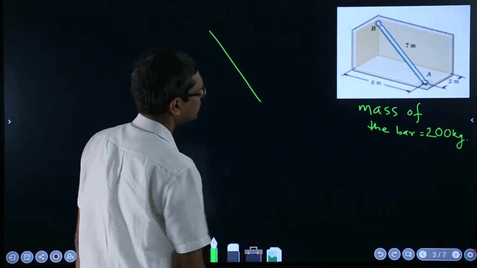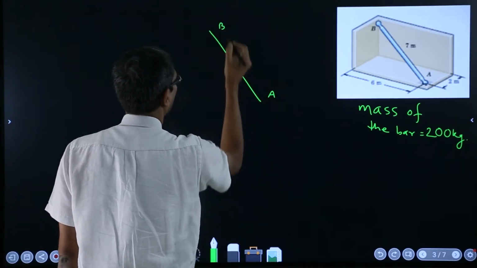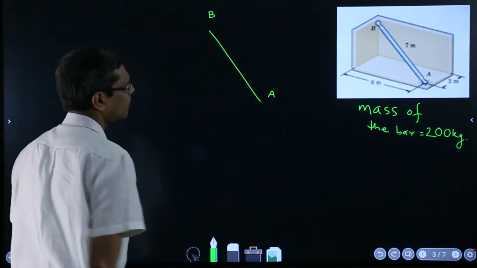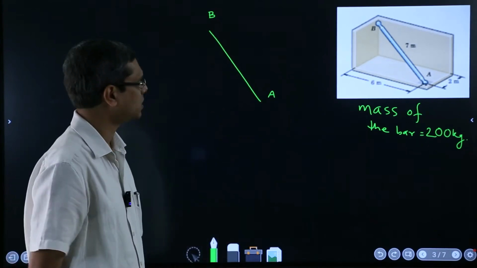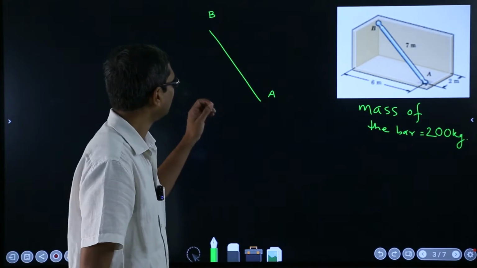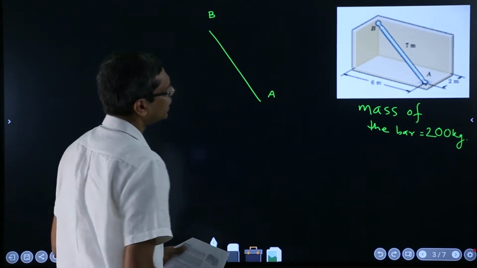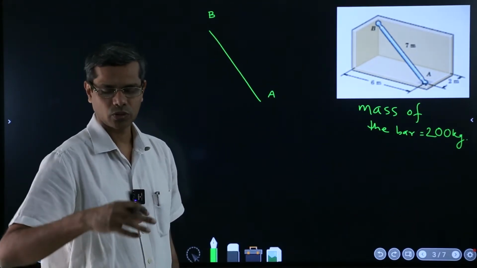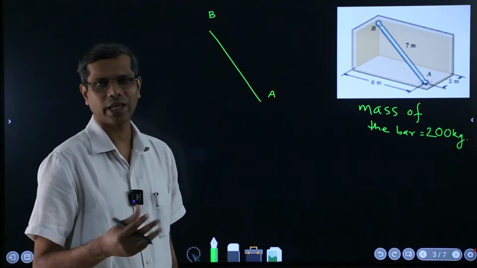Suppose this is our body AB, A and B. Because we have removed it from the complete structure, we have to compensate for the forces which were coming from those connectors. Now imagine this ball and socket. It's free, so it cannot exert any moment about any of the axes.